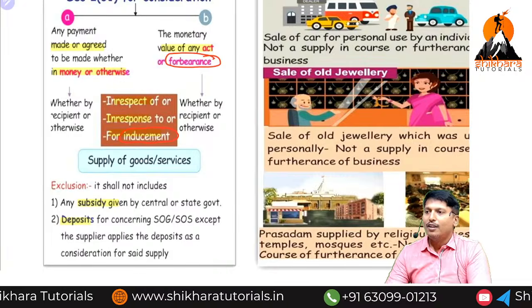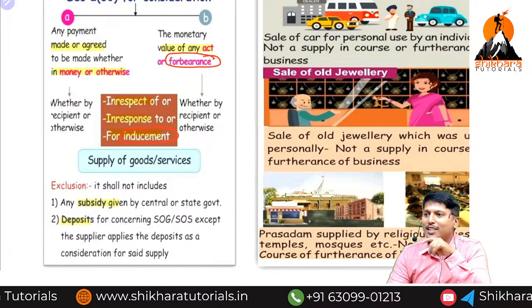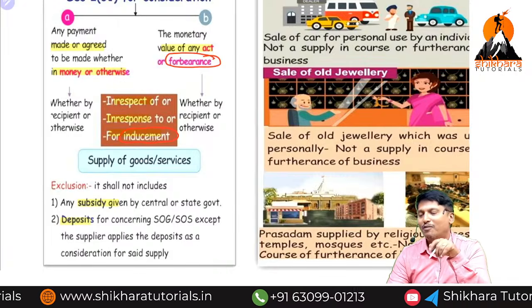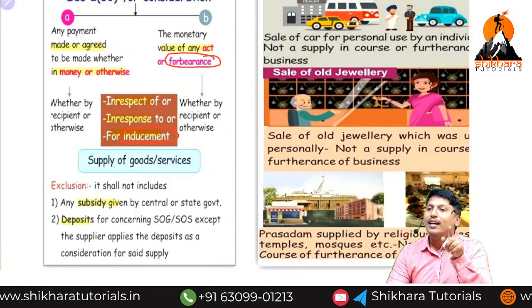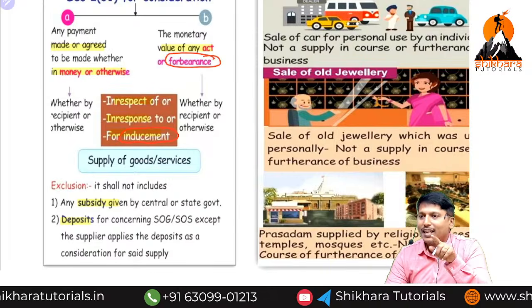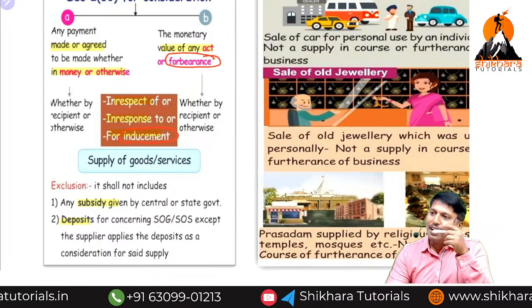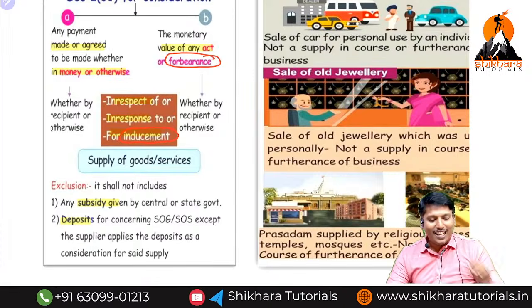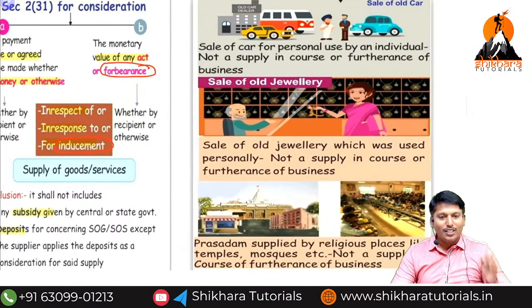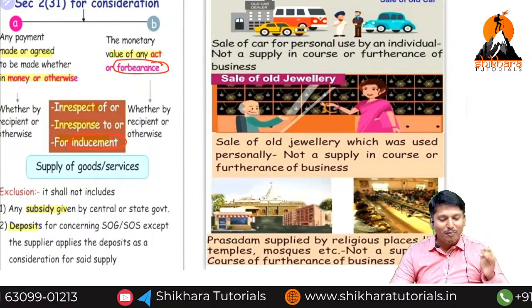Got it? What is the first line in the supply? All forms of sale, transfer, barter, exchange, license, lease, rental, disposal for consideration in the course or furtherance of business.